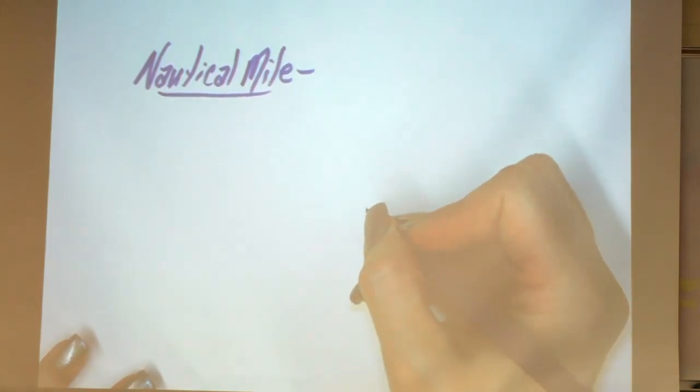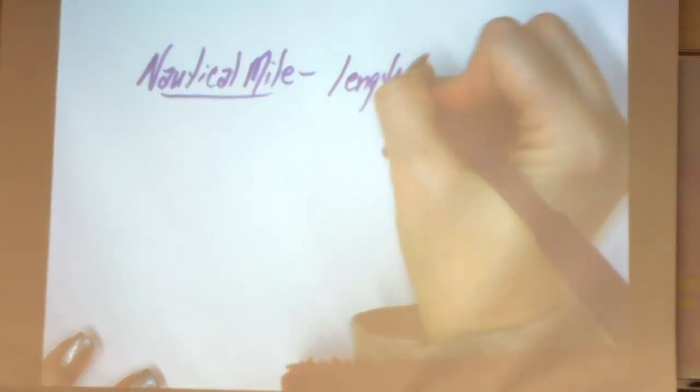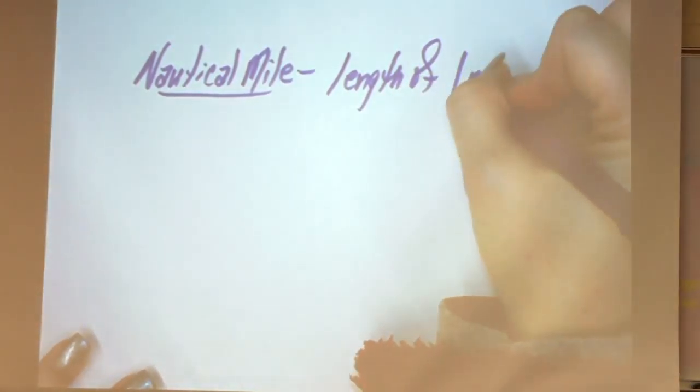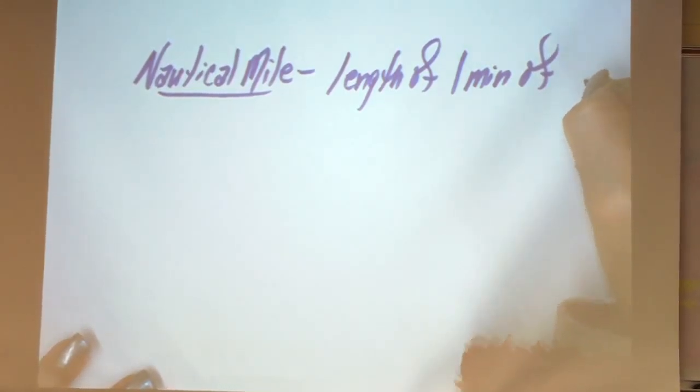And it has to do with, it's easier to calculate the distance based on latitude, okay? So 1 nautical mile is the length of 1 minute of arc along the Earth's equator.